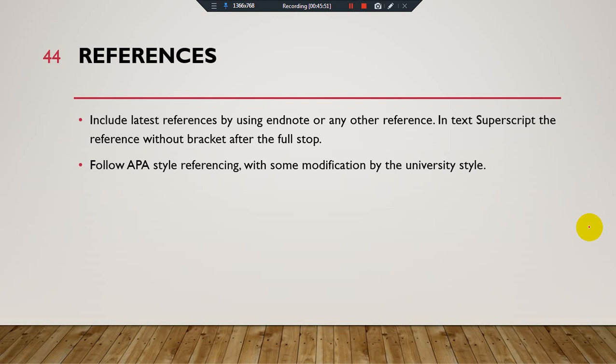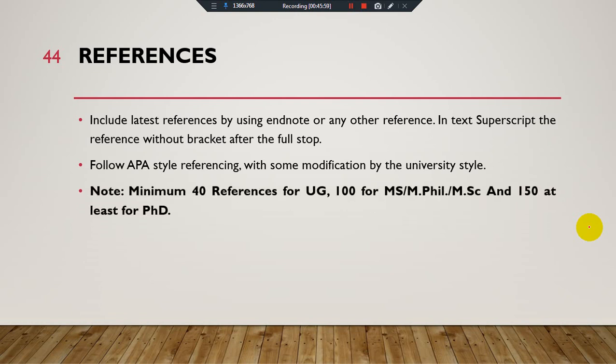We have modified this style somehow, but normally we follow APA style referencing. Note that for the MSc or undergraduate student, the minimum references will be 40. For the MS or MPhil, the minimum is 100, and for the PhD student, the minimum is 150.